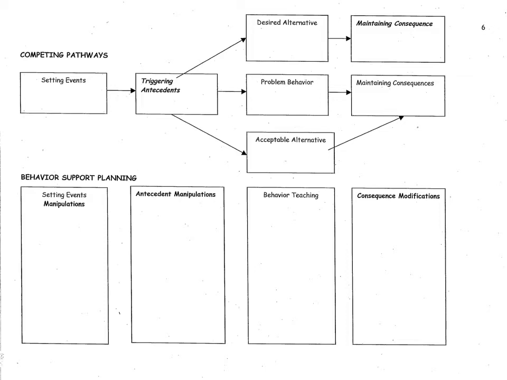If the problem behavior is refusing to work and talking out to get the teacher's attention, then the acceptable alternative behavior could be asking for the teacher's help, or asking for feedback. These alternative behaviors also bring the same consequences and have the same function, which is to get the teacher's attention, right? So based on this information, you can develop this BIP. That's what we are going to do for this week and the next week.